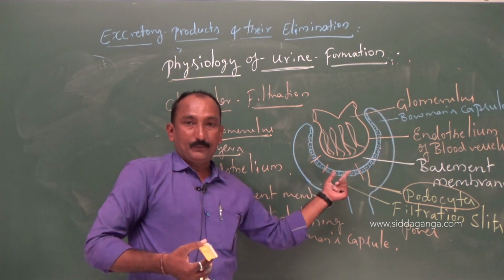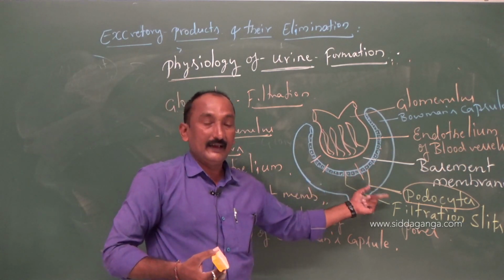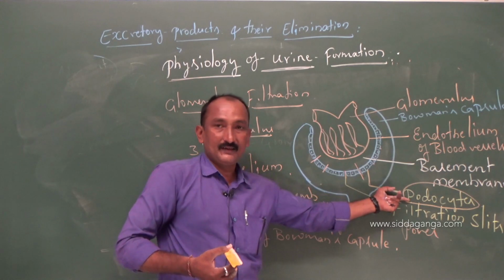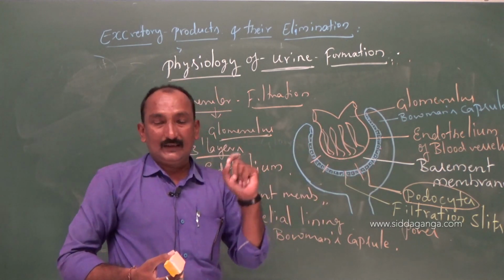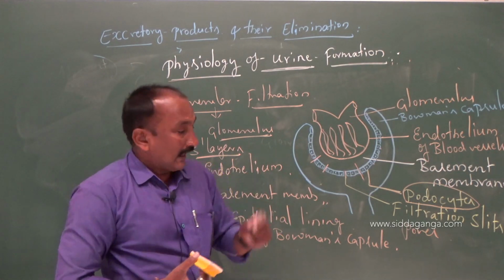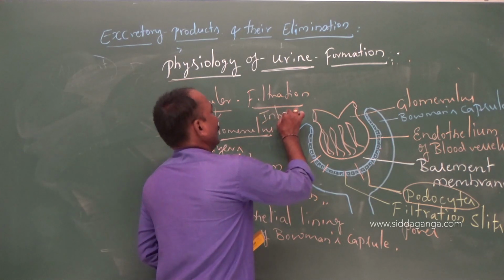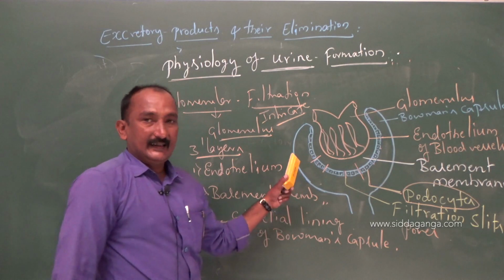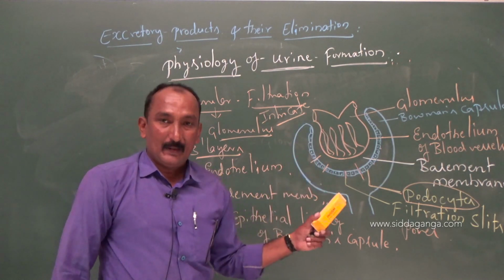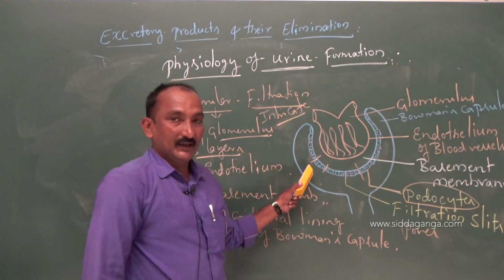That Bowman's capsule has specialized epithelial cells. They are known as podocytes. Such podocytes are arranged in an intricate manner and leave minute spaces.